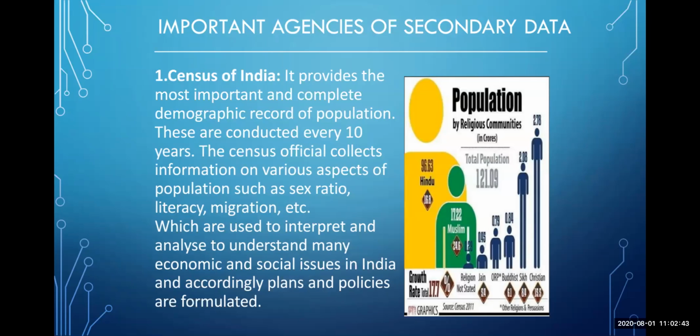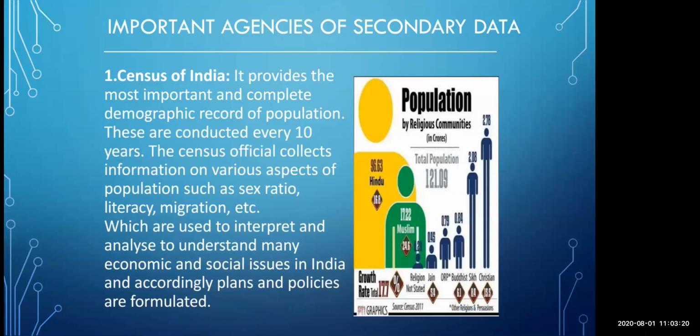The information collected by the Census is a primary source, but it acts as a secondary source for us because that data is useful to know the complete demographic record of the population. It is conducted every 10 years, and census officials collect information on various aspects of the population, the gender, the literacy, migration, etc., which are used to interpret and analyze to understand many economic and social issues in India.